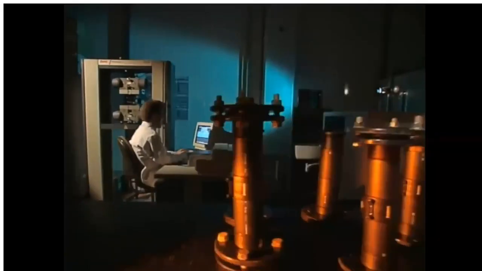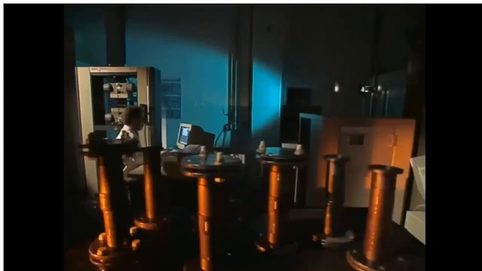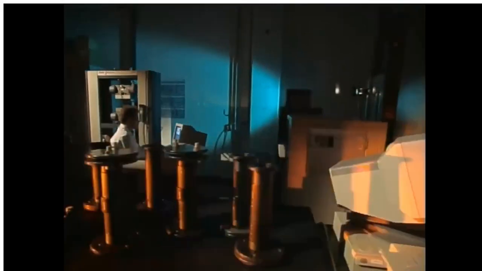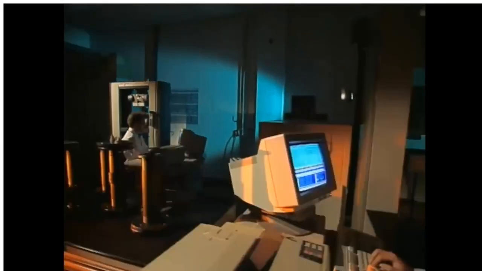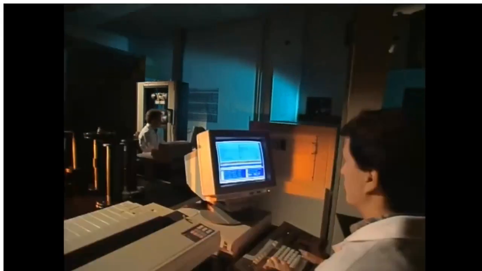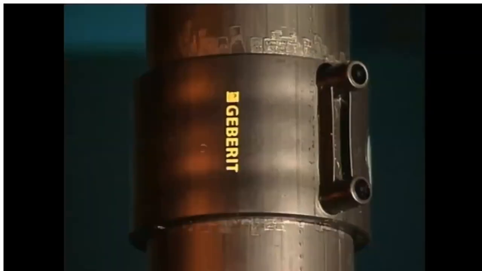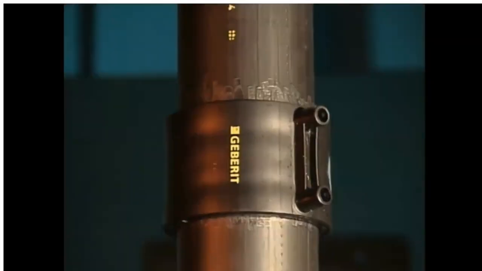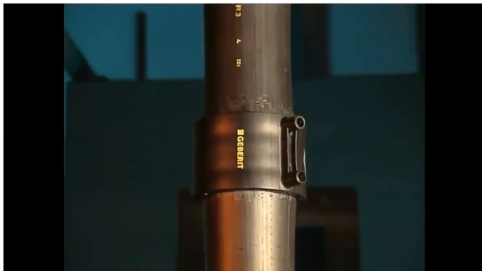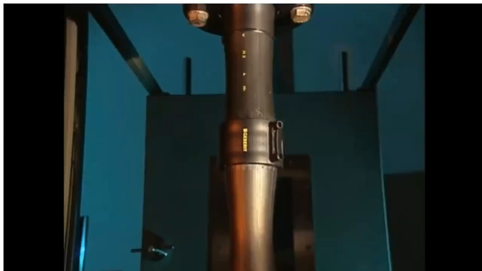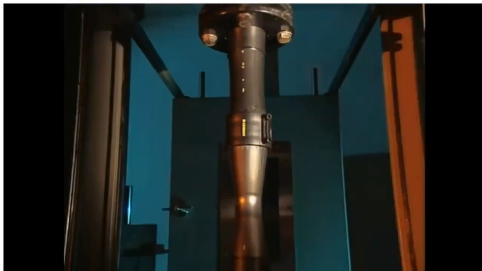The quality of Geberit HDPE has been tested and certified in independent labs in different countries. In addition, Geberit carries out random sampling for all systems regularly in its own test lab. The connections are given special attention in the test lab. The electro-weld sleeve is subjected to a tensile load of over 1,300 kilograms and withstands it.